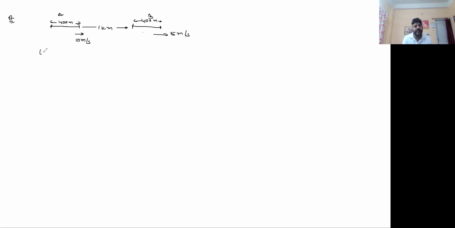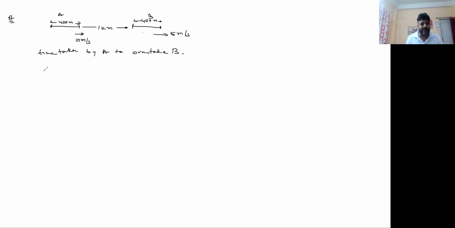Time taken by A to overtake B. See, first of all, A and B are in the same direction. So for the relative velocity, do you add or subtract? Subtract.